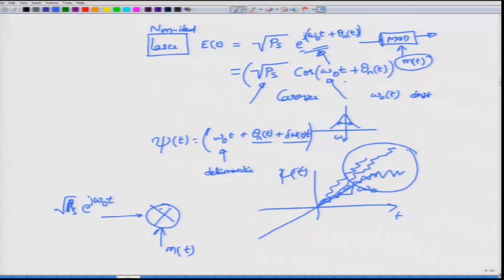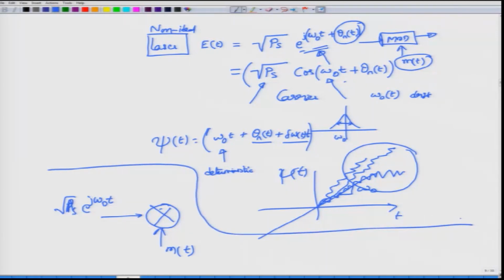And for now I am going to imagine that this theta n of t and delta omega of t are equal to 0, okay, because I want to first look at what happens in the deterministic case and then come back to the random case. So, I have this m of t, and when it gets multiplied to this carrier, you get square root of p s e to the power j omega 0 t times m of t. Okay. This is the signal that would come out.